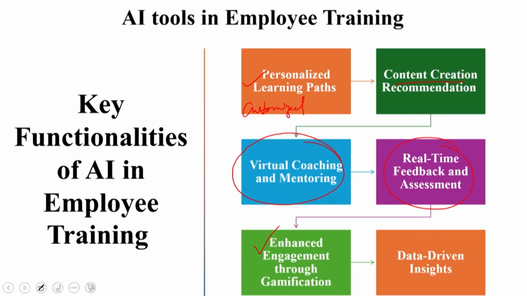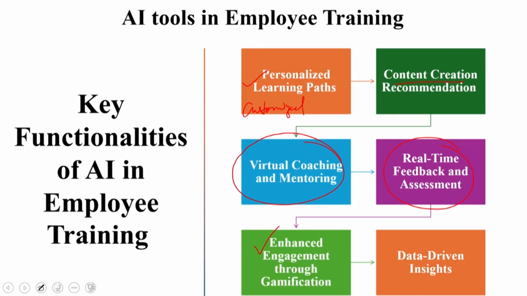Now, AI can analyze employee engagement levels and introduce these gamification elements tailored to individual level analysis. Let's say some leaderboards can be introduced, some badges or rewards that can motivate employees and make them learn more, or make the learning process itself more enjoyable. This can be the end result of gamification or enhanced engagement through gamification.